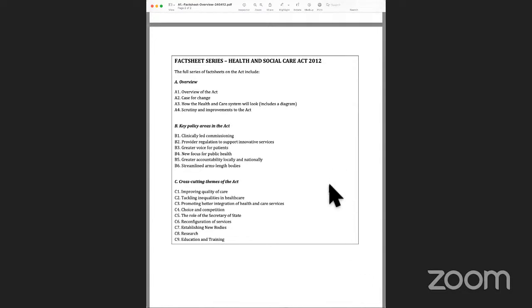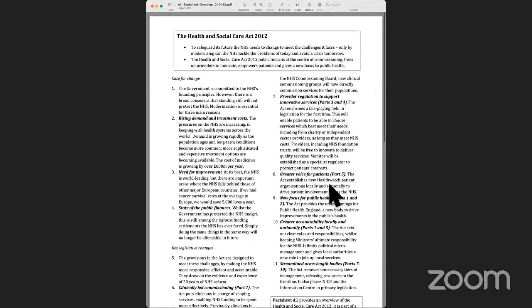When I say a care setting, I mean a care home, a hospital, or a GP surgery. It's a good 10-minute read, and it'll give you a good understanding of why this is an important act and how this made changes to the overall health and social care structure within the UK.